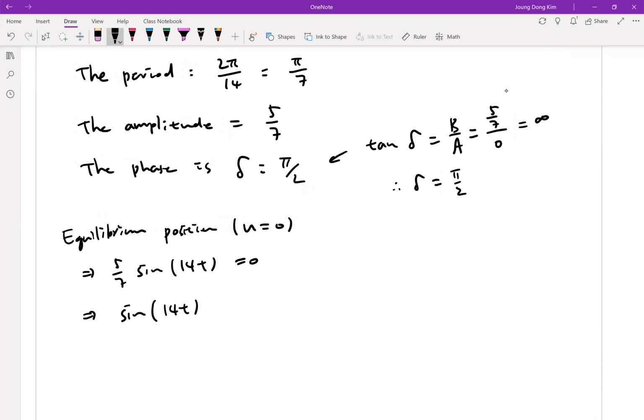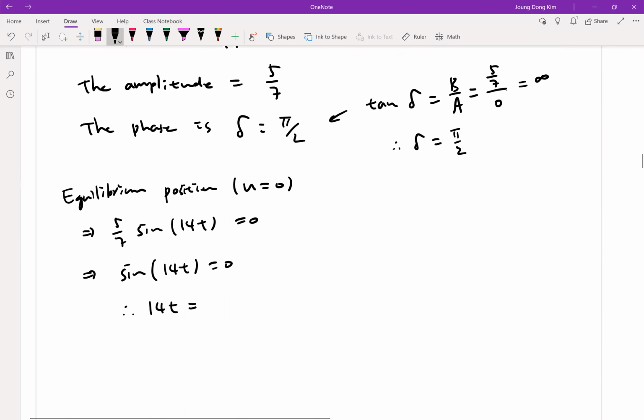Sine 14t must be equal to 0. It is 0, but 0 is the starting point, so the next one is pi. So when your time reaches pi over 14 seconds, it will come back to the equilibrium position. That's it.